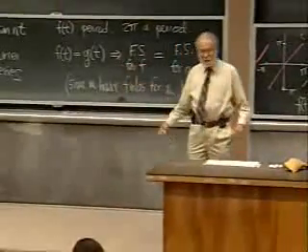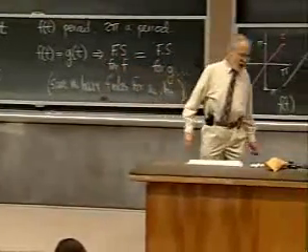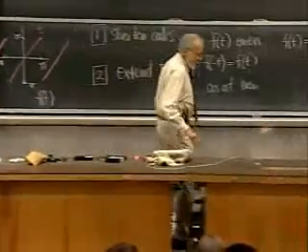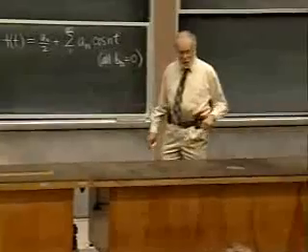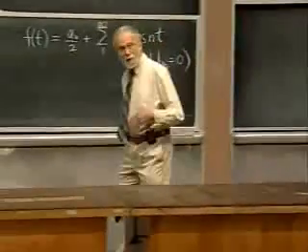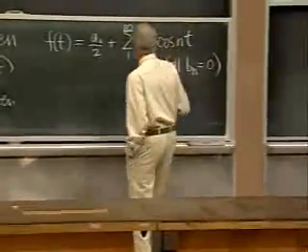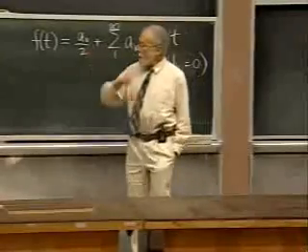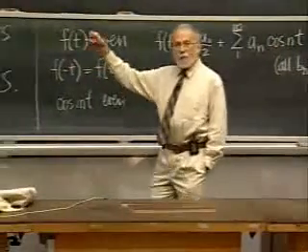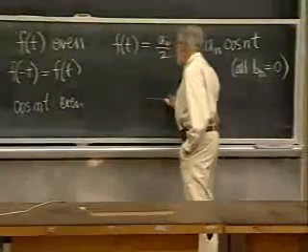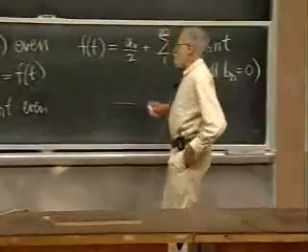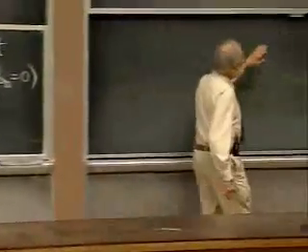Well, we've got formulas, so fool around with the formula for the b_n and think about it a little bit and finally decide that it has to come out to be 0. That's not a bad way, and it would remind you of some basic facts about integrals. Instead of doing that, I'm going to apply my little principle that if two functions are the same, then their Fourier series have to be the same. So the argument I'm going to give is this.